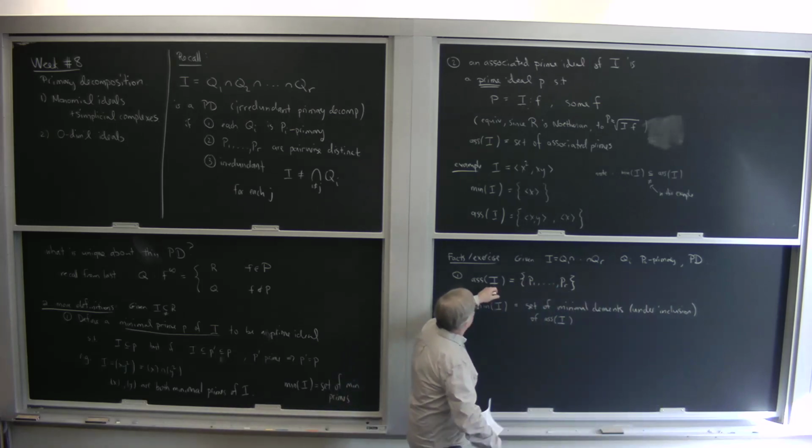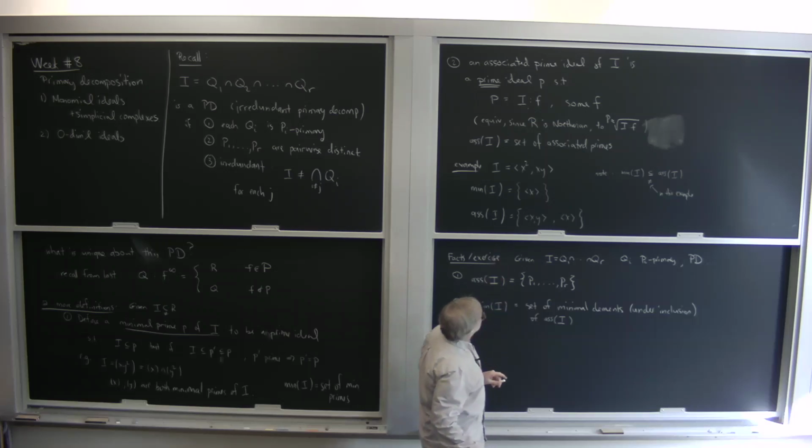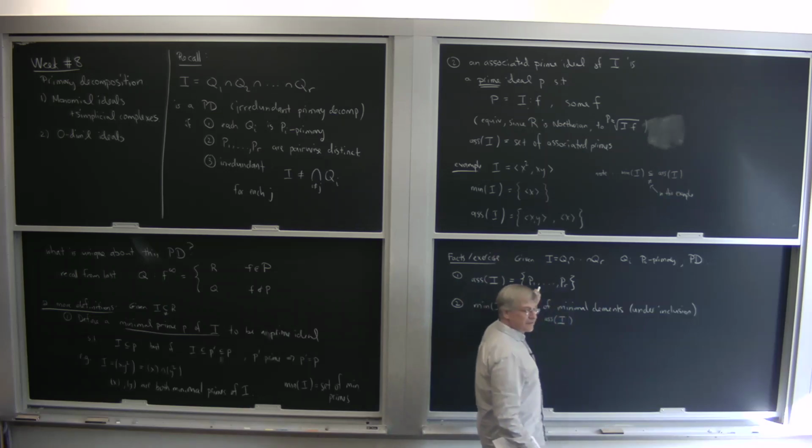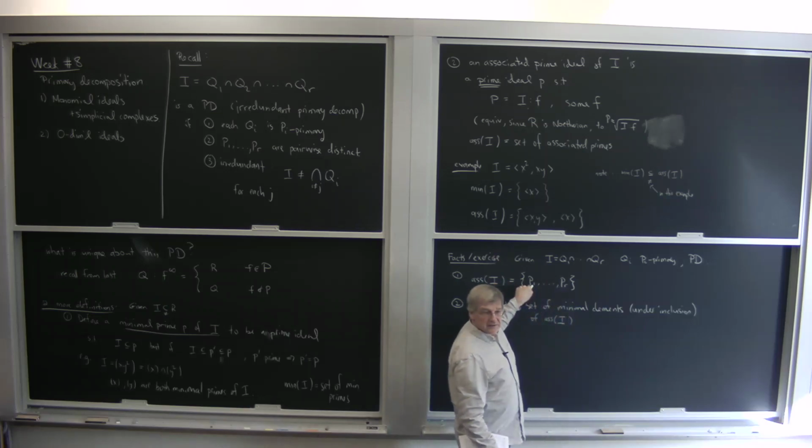It's actually an interesting problem to make sure that you can get these as I colon Fs. It's a little easier to get them as radicals of I colon Fs, but the way you can sort of see how you might do it is you take an element in the intersection of all the primes except for one.